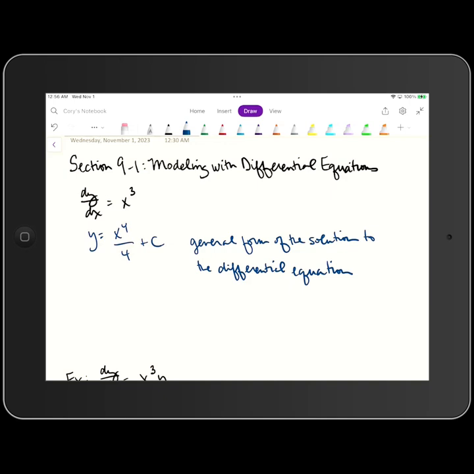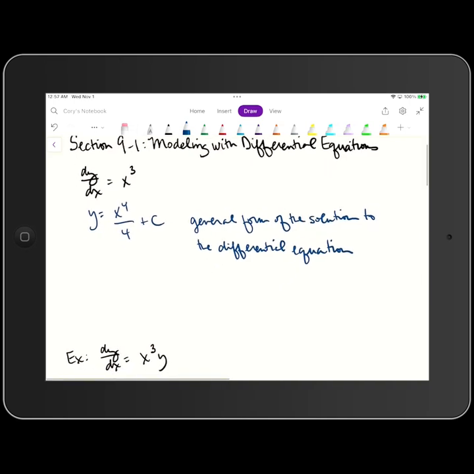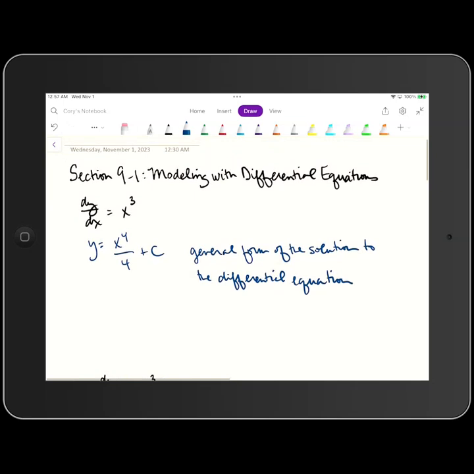But basically, the way integration by separation of variables works is you're going to start with your differential equation, dy over dx is equal to x cubed. And we are going to integrate by separation of variables, which means we want to move everything that has the variable x in it to one side of our equation and everything that has the variable y in it to the other side.